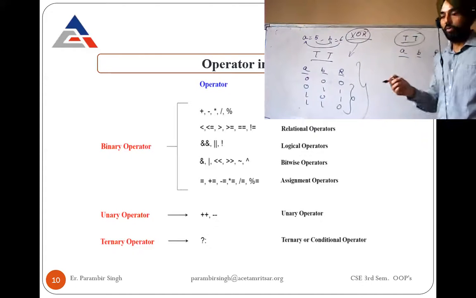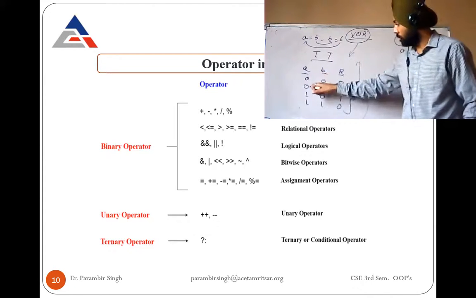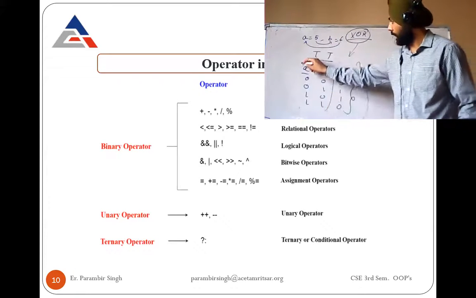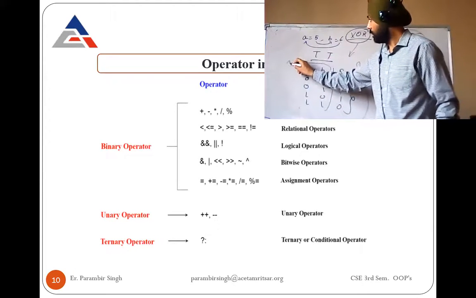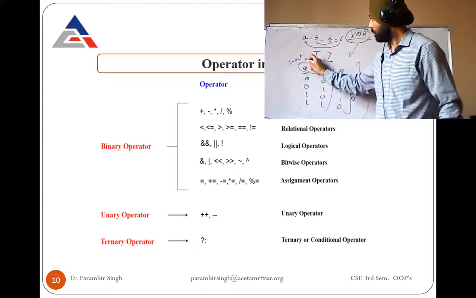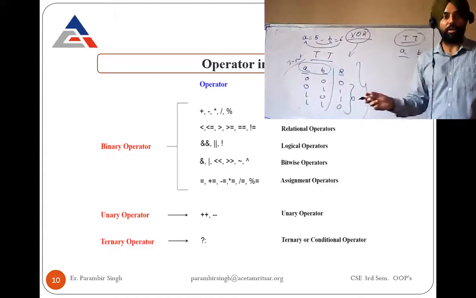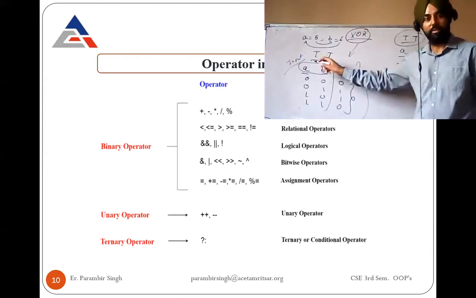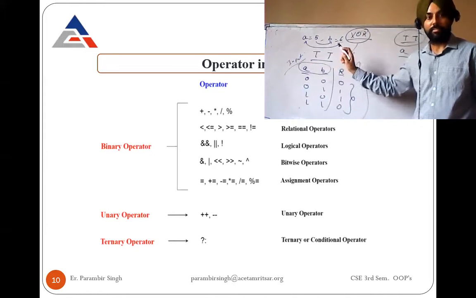Why do we always write this from 0, 0, 0, 1, 1, 0 and 1, 1? Because these are the inputs, A and B are the inputs for the two variables, and R is the result of A and B.